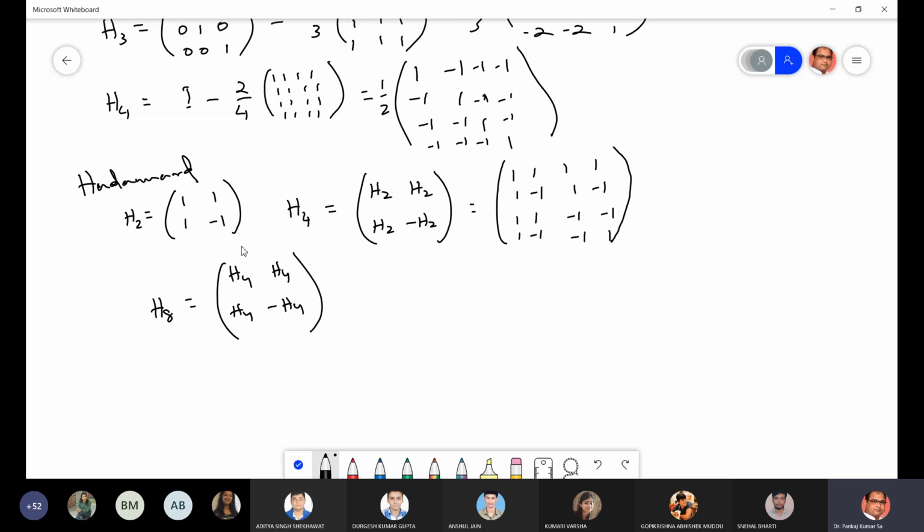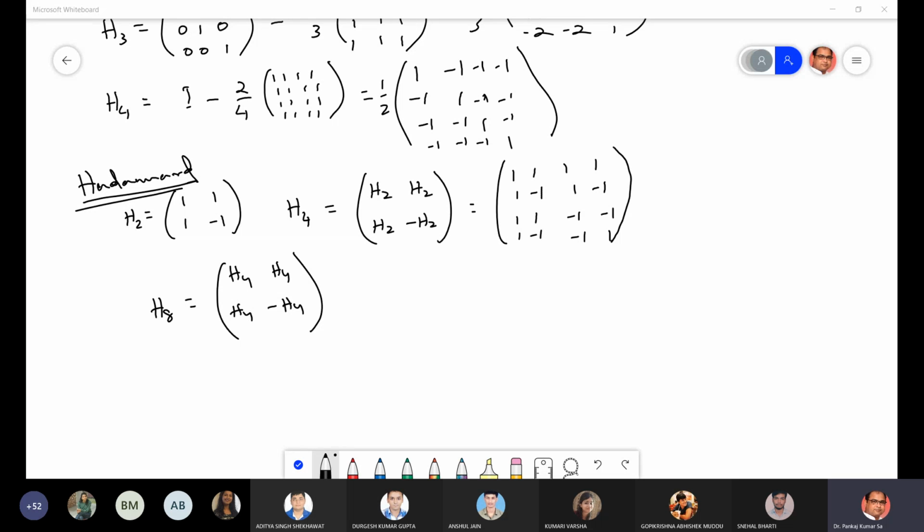And it has a lot of utility in wavelet theory and many other things, like the short-time Fourier transform, and from there the wavelet. So like that things continue.